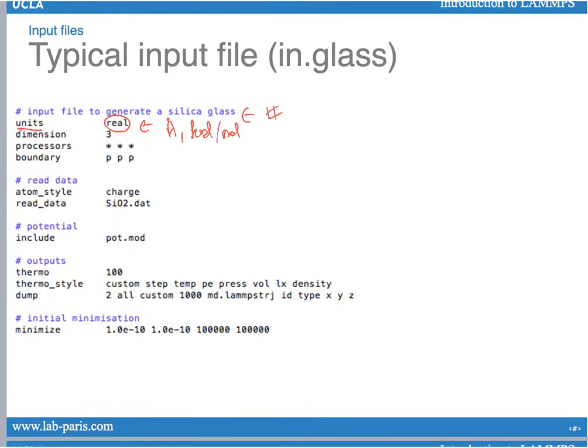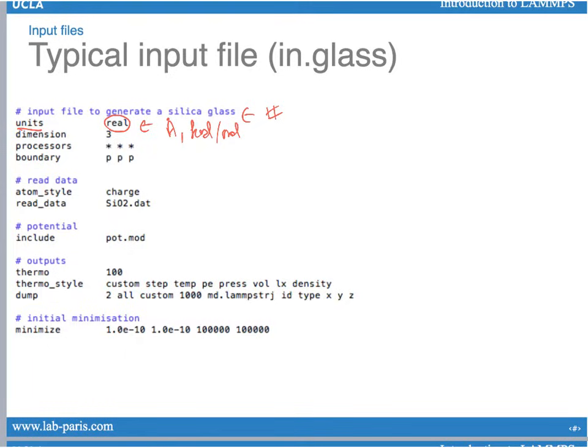You will need to provide the units, and then all the numbers that you provide to the input file, the data file, etc., their units will be defined by this choice that you make at the beginning. Are you using real units? Are you using metal units, etc.?